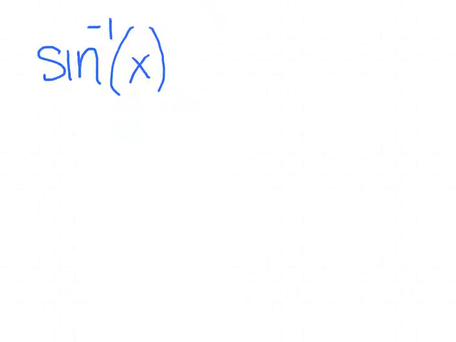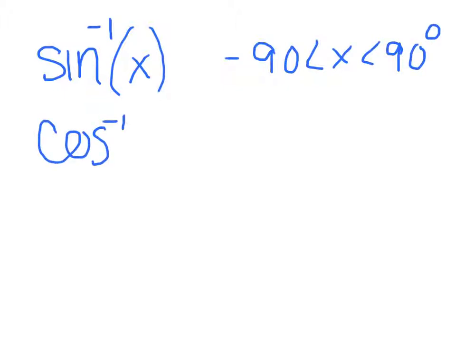Now, if they don't actually tell you where to give their answer, there are some rules for these. If you're doing an arc sine function and they don't tell you what quadrant to give your answer in, always do it between negative 90 and 90 degrees. If they give you an inverse cosine function and they don't tell you where to give the answer, you're always going to give the answer between 0 and 180 degrees.